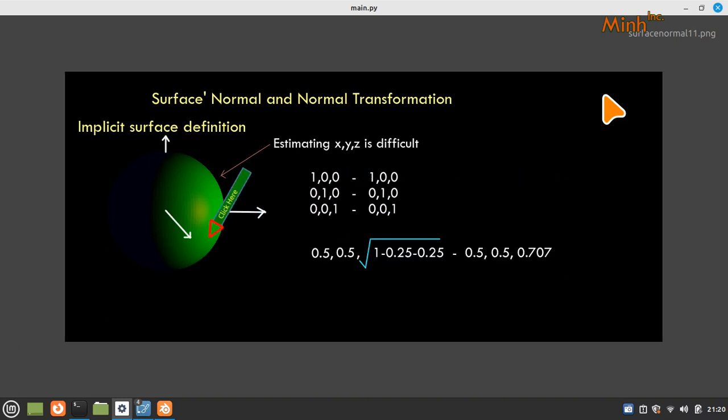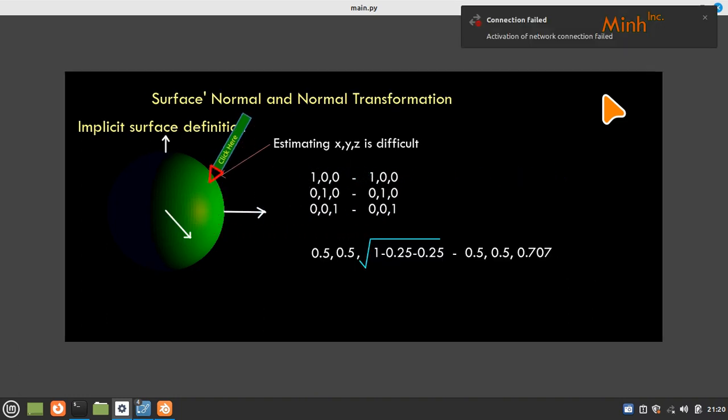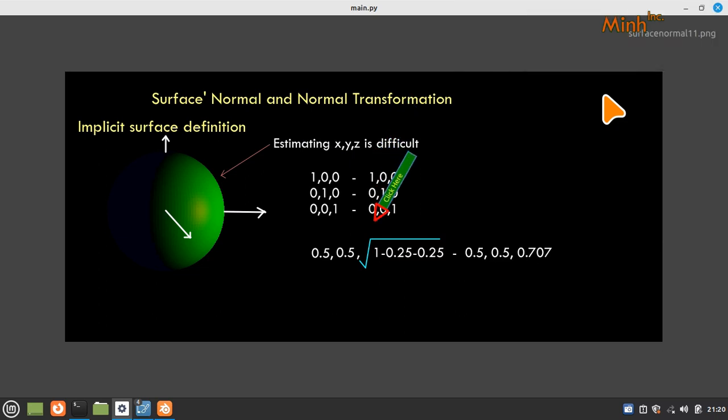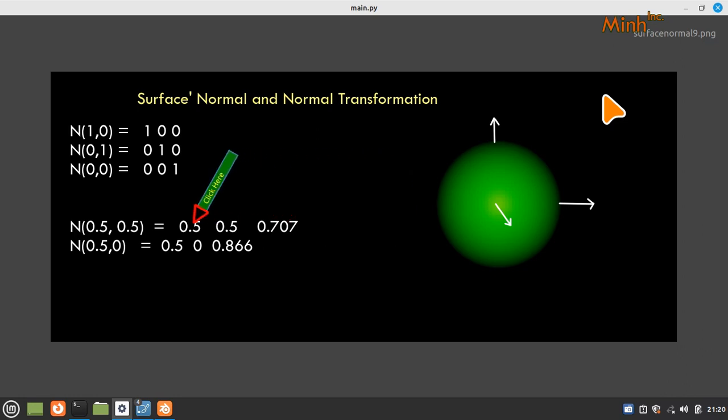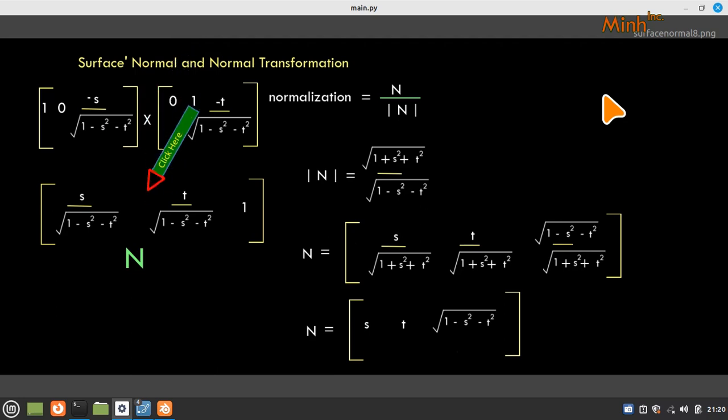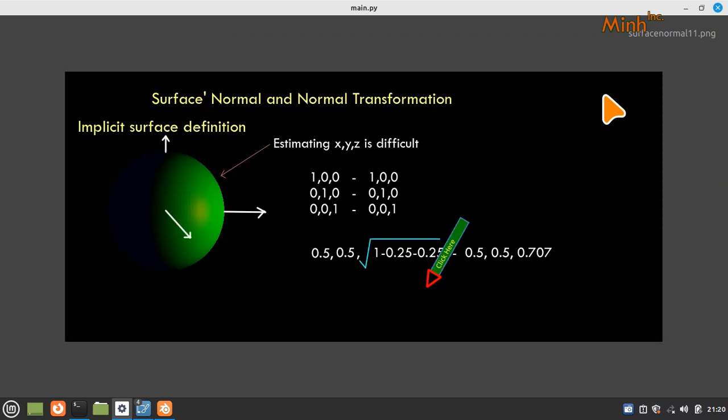Anyways, now if we have found x, y, z, then for x 0, 1, 0, 0, it will be 1, 0, 0. 0, 1, 0, it will be 0, 1, 0. And 0, 0, 1, it will be 0, 0, 1. Exactly like this, what we calculated. Here we calculated with this formula 1 minus s square minus t square. Here it is direct, but we have to find. Now this is difficult, the way we are saying.